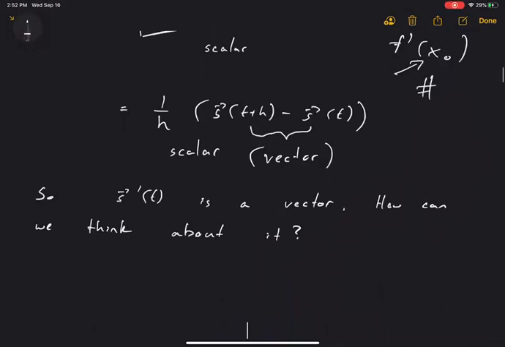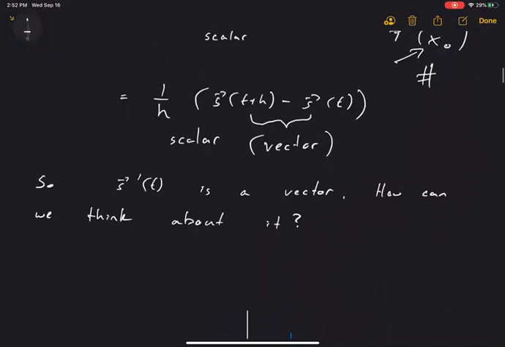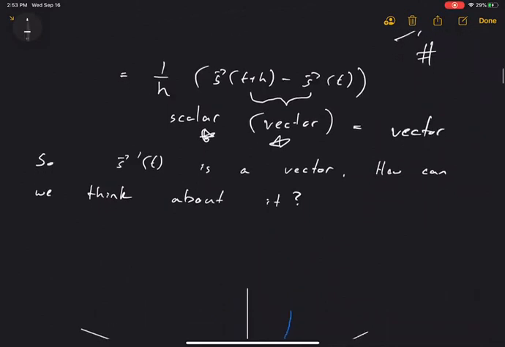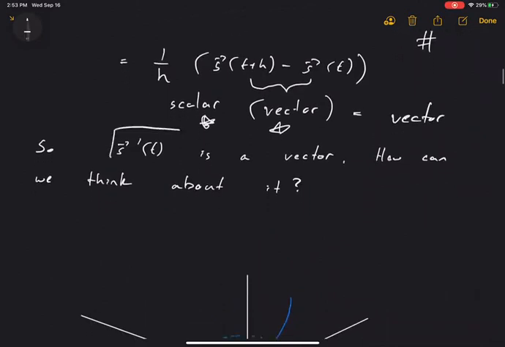But in my vector valued function case, my derivative is going to be a vector. I have a scalar times a vector, and I'm taking a limit. That's still going to give me a vector. So this derivative, s prime of t, is a vector.